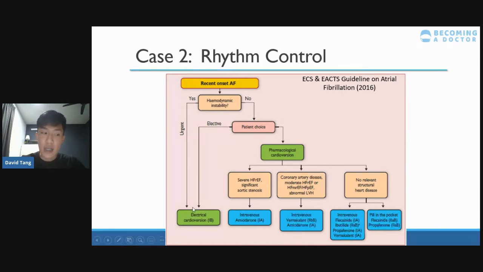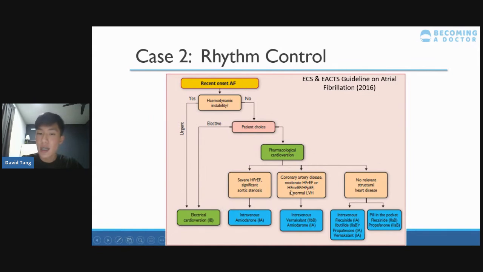If it has been more than 48 hours and there's a higher risk of having clots in the left atrial appendage, we will anticoagulate the patient for 3 weeks, and then we electrically cardiovert the patient.